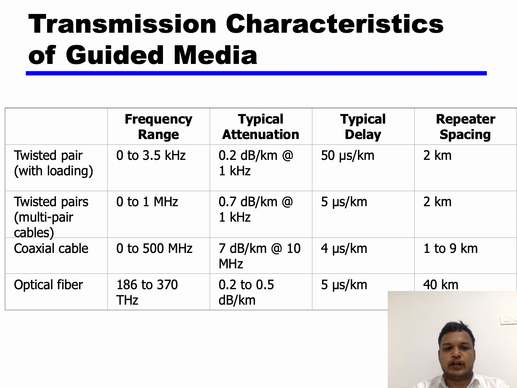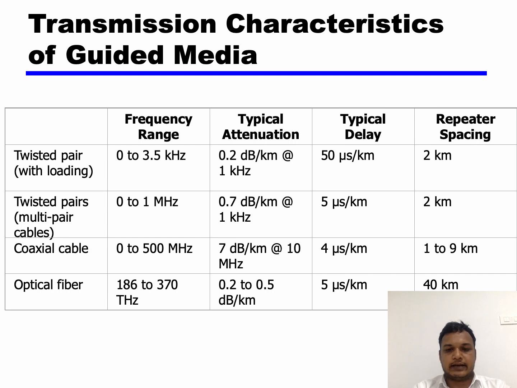The typical attenuation with loading is 0.2 decibel per kilometer, the delay is 50 microseconds per kilometer, and the repeater recommended for twisted pair cable is every 2 kilometers. For twisted pair multi-pair cables, the frequency range is very high, 0 to 1 megahertz. The typical attenuation is 0.7 decibel per kilometer, and the typical delay is 5 microseconds.